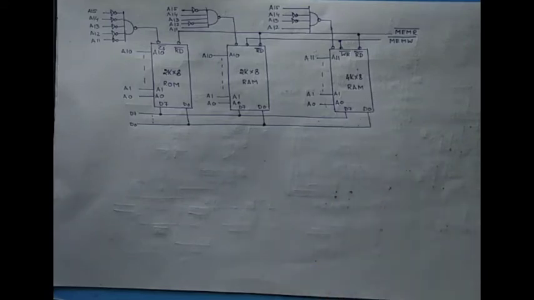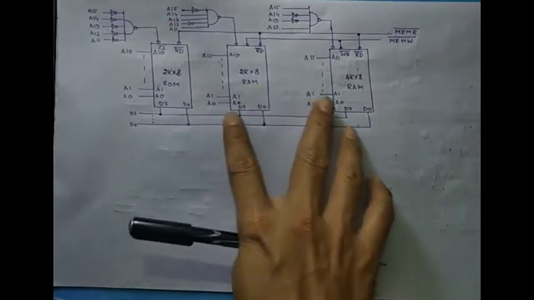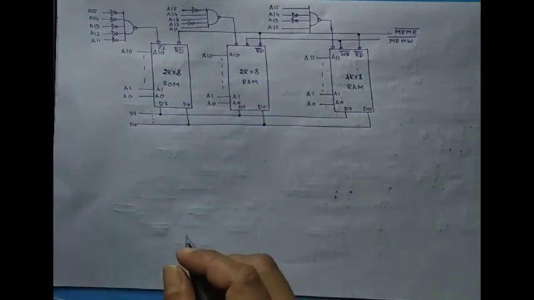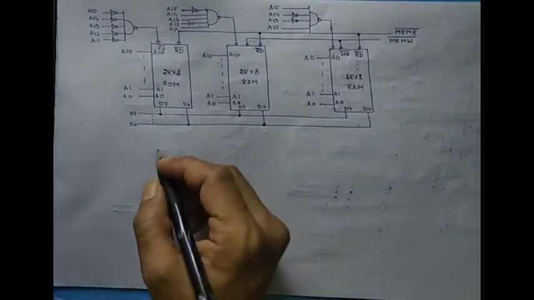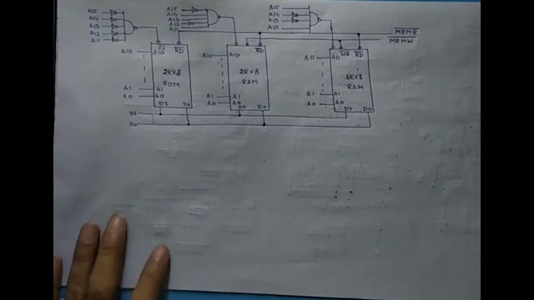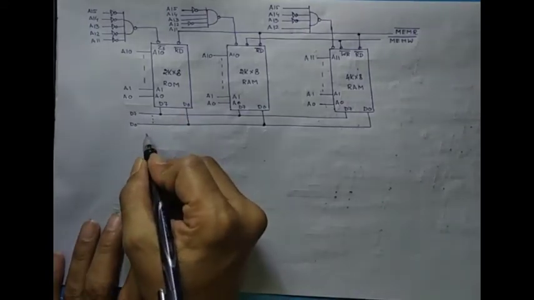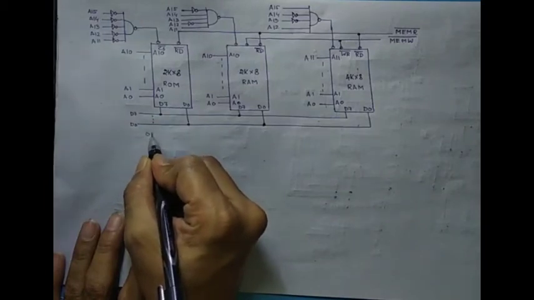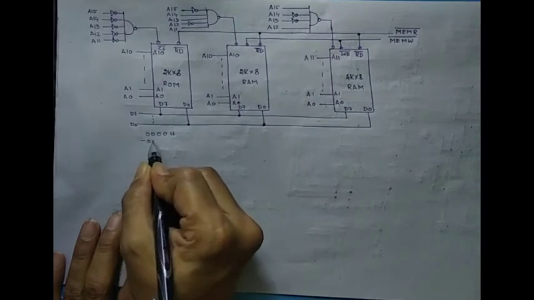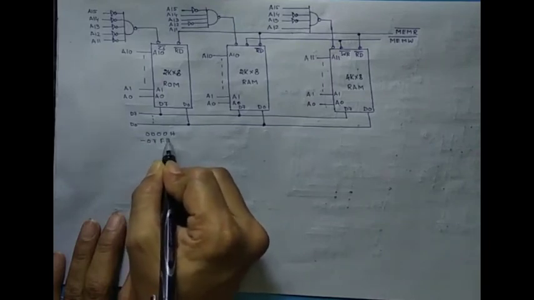And according to the interfacing circuitry which we have shown here, the ROM will get the address range 0000 hex to 07FF hex.